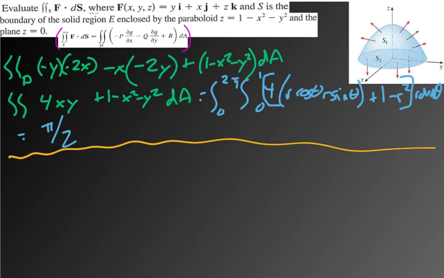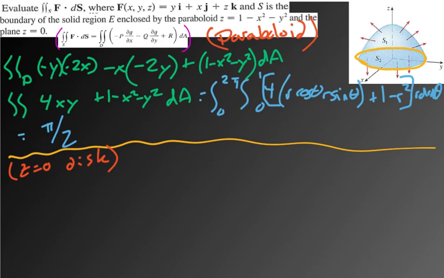So maybe I should label these. This one was the paraboloid, and now down here I'm going to do the z equals 0 disk, basically. For the disk down here, for z equals 0, you can get the unit normal really easily. You can just do n equals minus k.